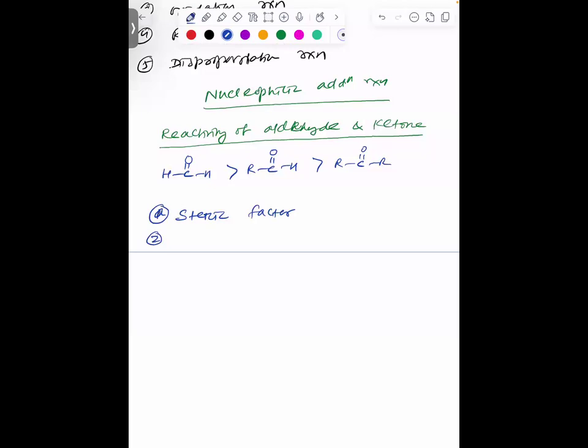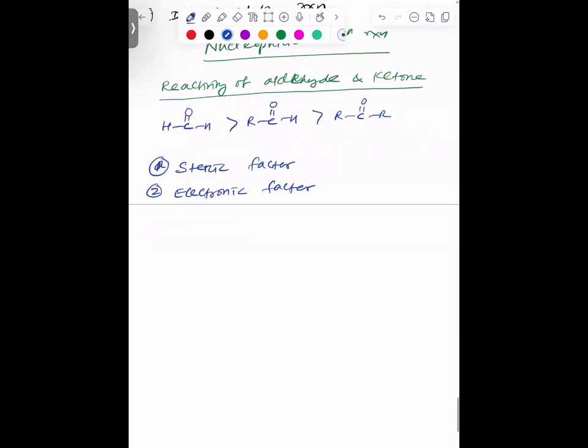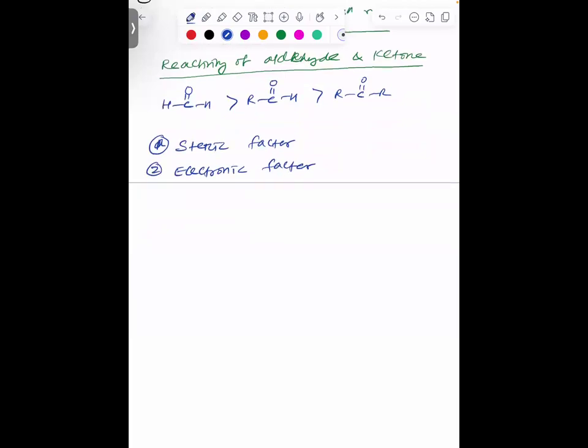Second is electronic factor. In the structure you can see here, around the carbonyl carbon, the reactive site is the carbon oxygen bond or carbonyl carbon.